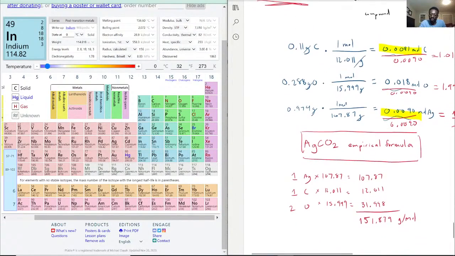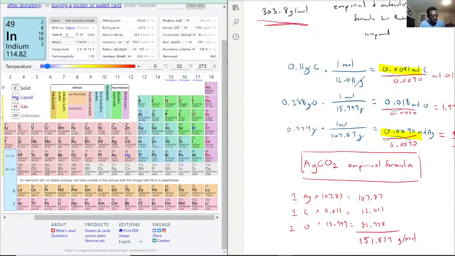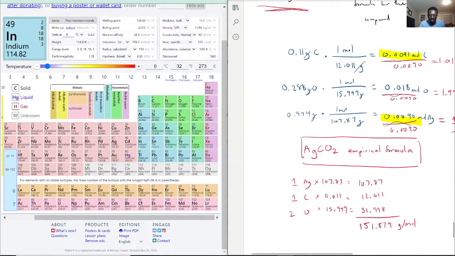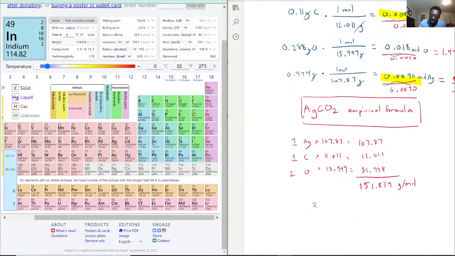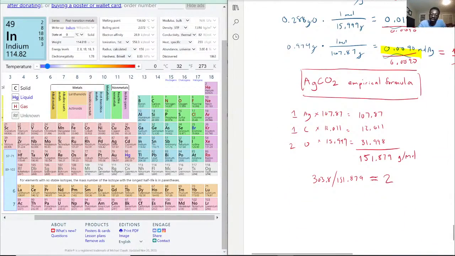So that means we want to take 303.8 and divide it by 151.879, and we get around 2. So that means our molecular formula is double that. Don't be mistaken: you don't want to add the 2 in front.